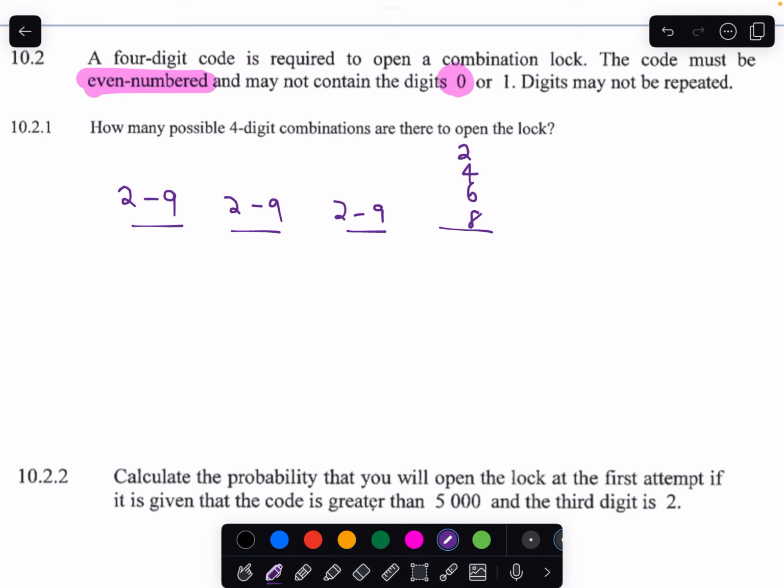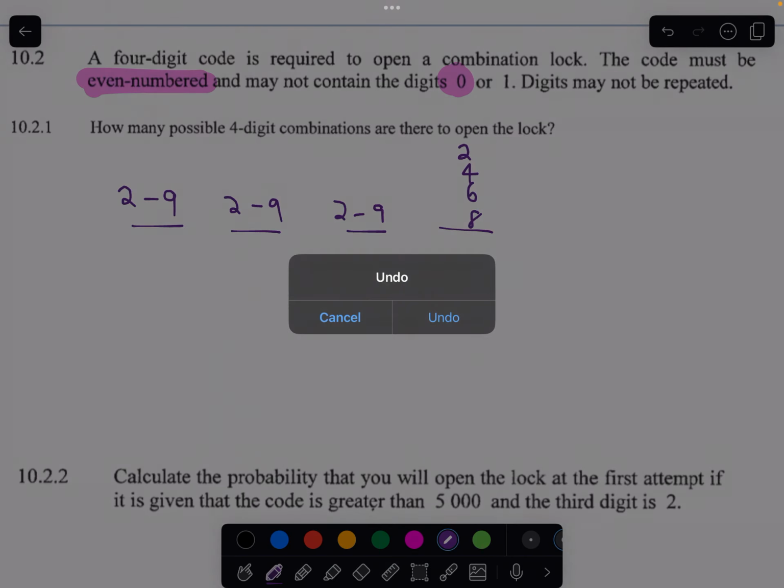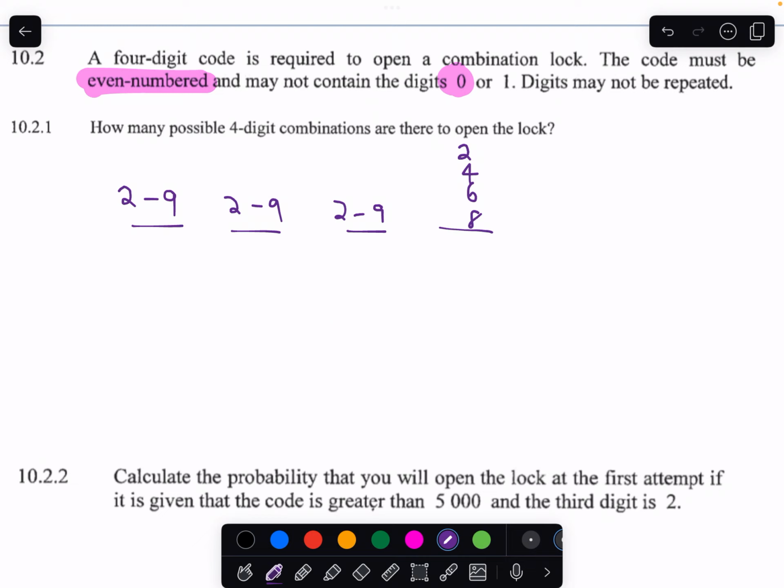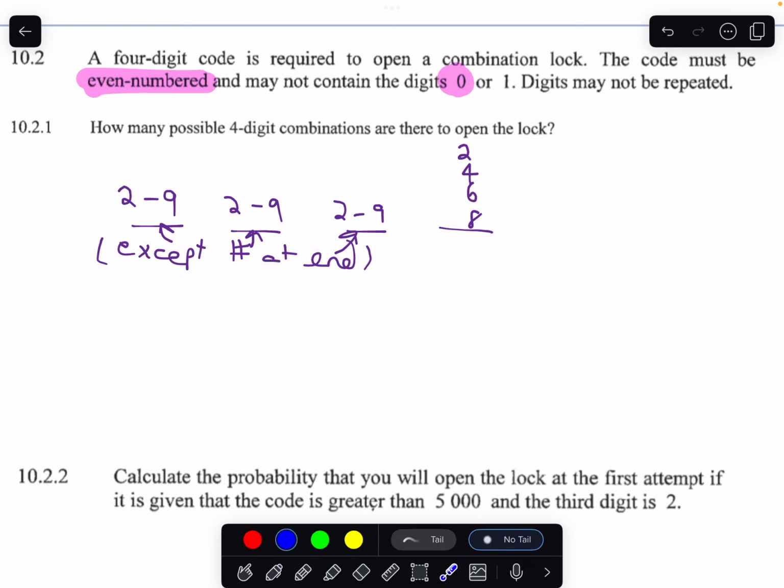Okay, but that being said, for each of these spaces, we can't use the number at the end, right? So for instance, if the number ends with 2, then we can't have 2 in either of these spaces. So in fact, you don't have 8 options for numbers over here, you only have 7.